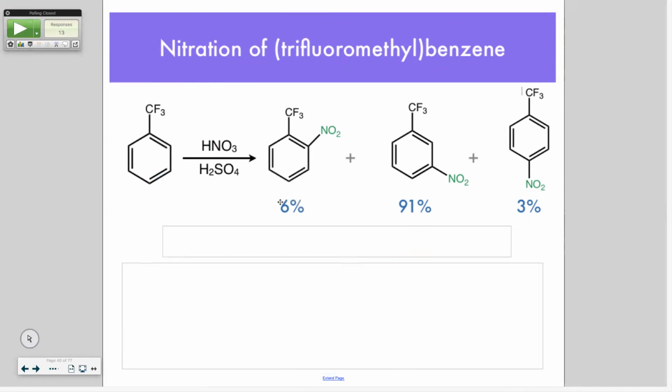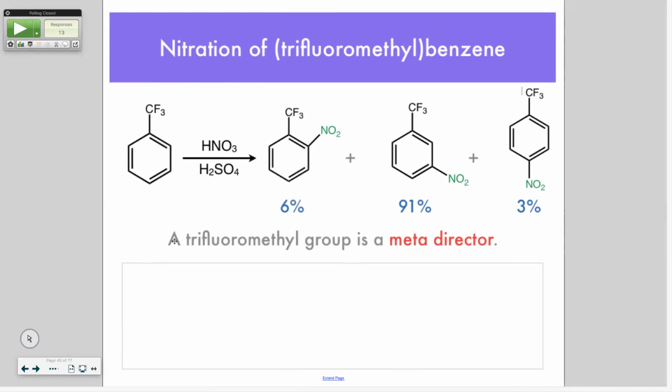So if you are a deactivator, you can typically be a meta director. Okay, there are only two classes of directors, meta and ortho-para. There isn't such a thing as an ortho-meta director, okay? Not in electrophilic aromatic substitution. Electrophilic aromatic substitution is only two kinds. And you're either going to be an activating group or a deactivating group as well.